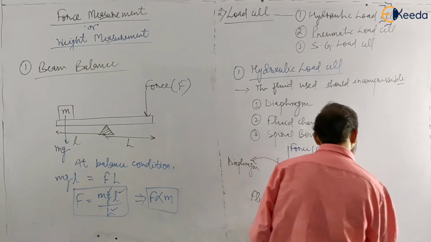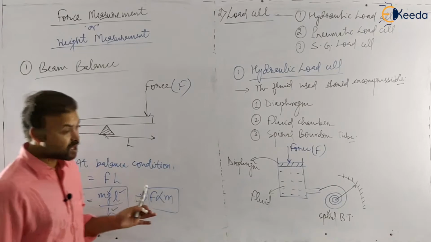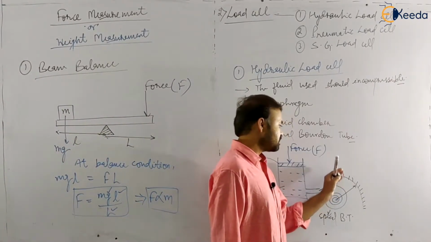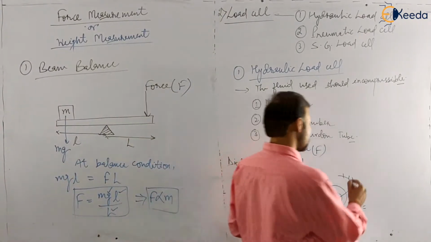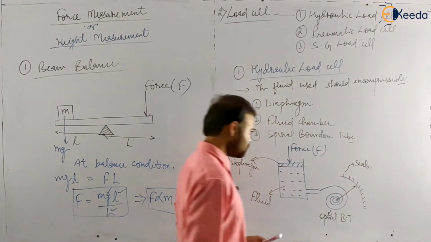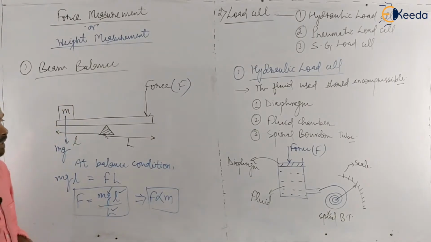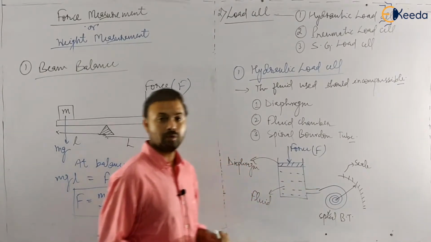According to that pressure, there will be some deflection on the scale. This is your scale. So this is the diagram or simple setup for the hydraulic type load cell.